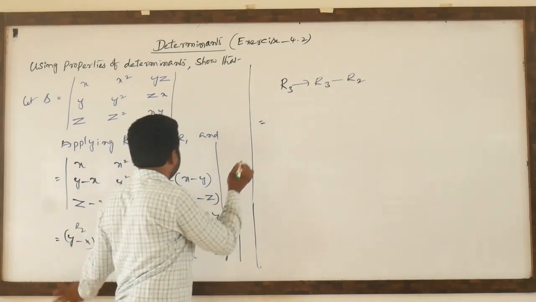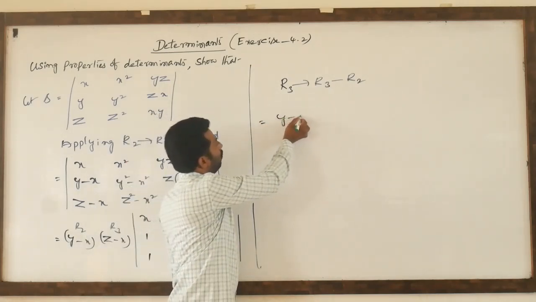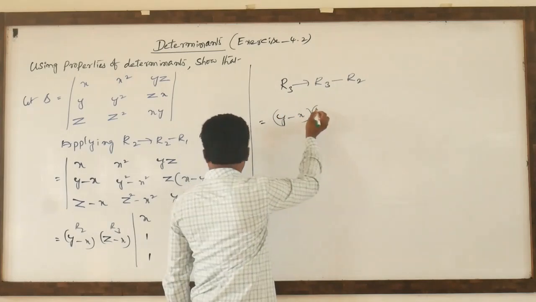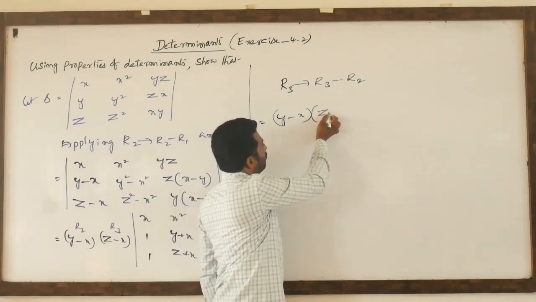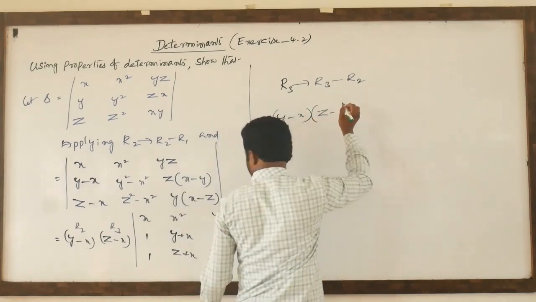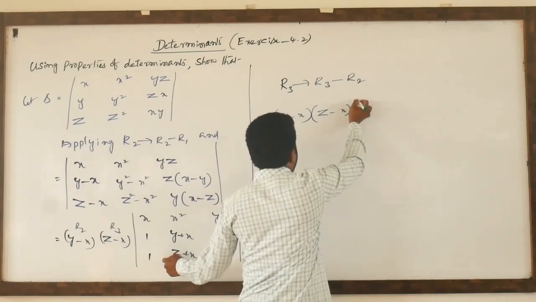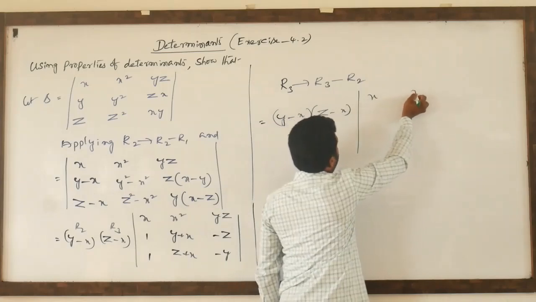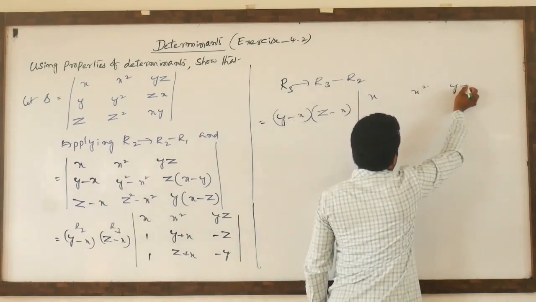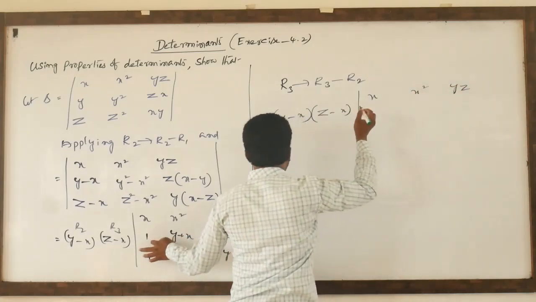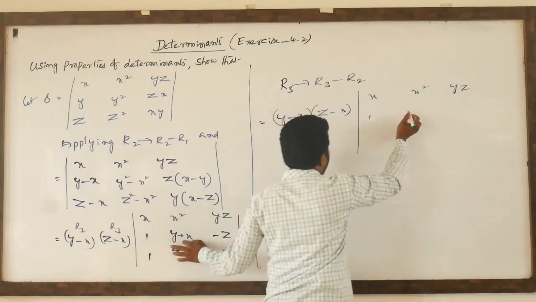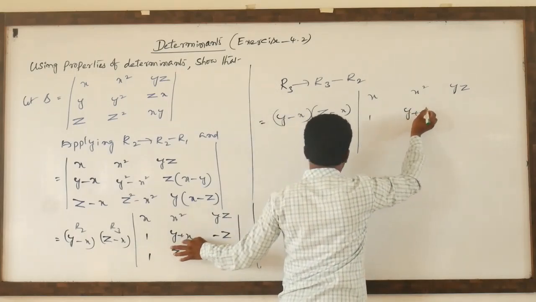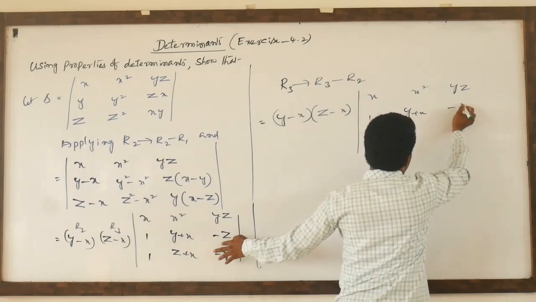Now, what is this? y minus x, z minus x, then this one you observe, no changes in first two rows, means x square, yz. This is 1, y plus x, this is minus z.